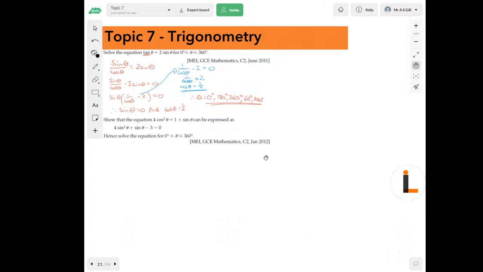So, the next bit here, we need to do some rearranging first. So we're going to use our identity. We get, well, this is then equal to 4 times 1 minus sine squared theta.